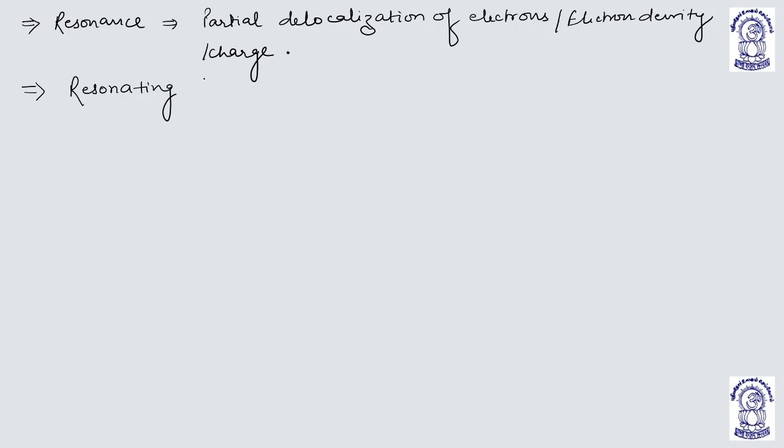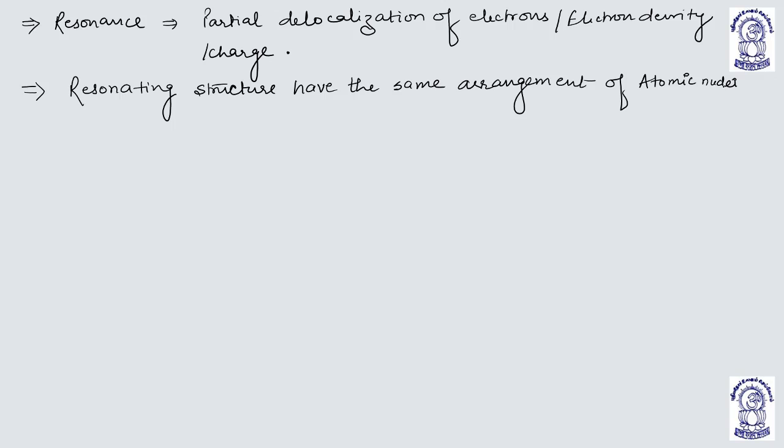Resonating structures have the same arrangement of atomic nuclei, but they differ in distribution of electrons.